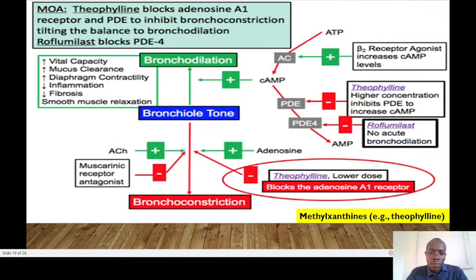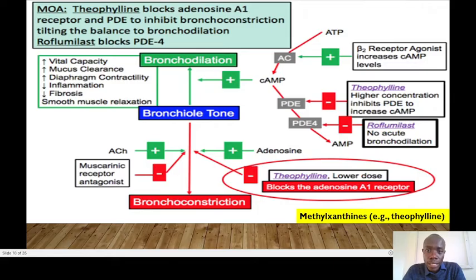One of them is the methylxanthines, specifically theophylline. Theophylline normally blocks the adenosine 1 receptor and also the PDE to inhibit bronchoconstriction, tilting the balance to bronchodilation. On the other hand, we have roflumilast.